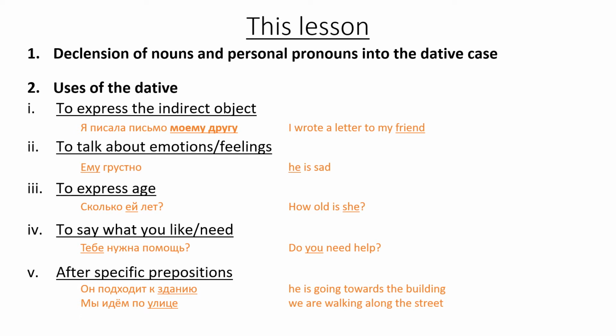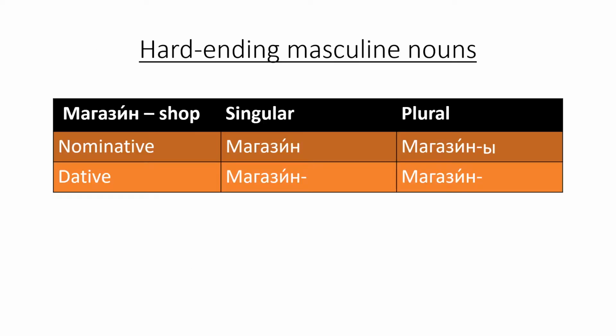So к is a very common one with the dative, and по is also a very common one. So он подходит к зданию means he is approaching the building or going towards the building. Мы идем по улице. We are walking along the street. And yeah, we'll go into a lot more detail on that later on in this lesson, so don't worry.